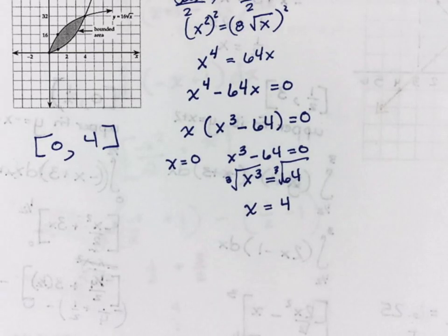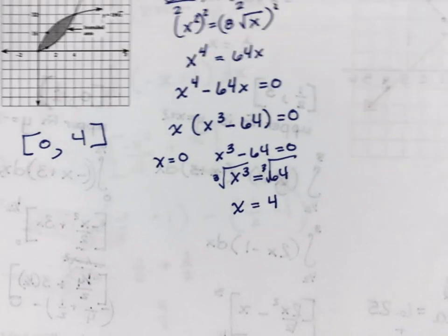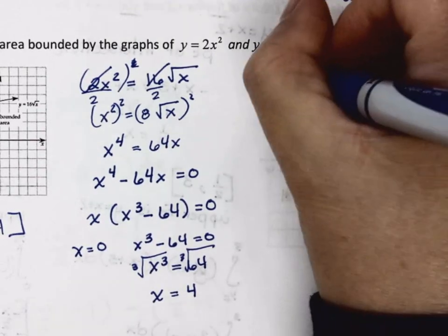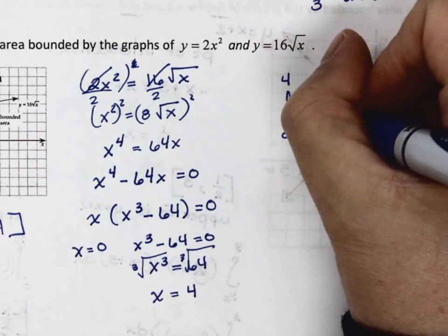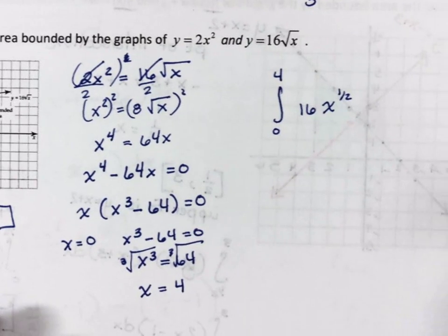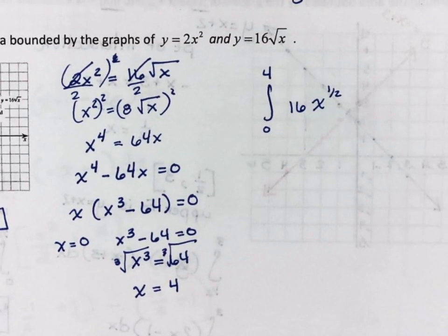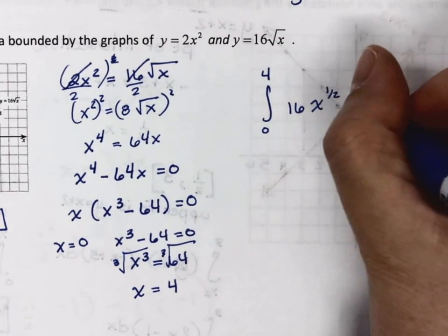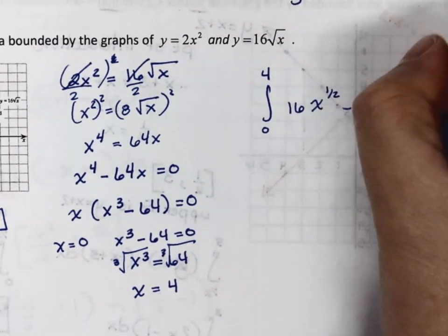So which one's on top? 16 root x, and I'm going to switch that to 16 x to the exponent 1/2. I think that'll just be easier when we anti-derive, and then the other one is minus 2x squared.